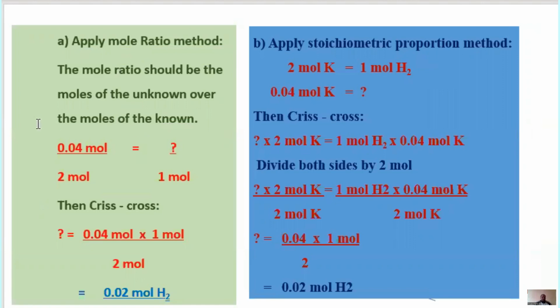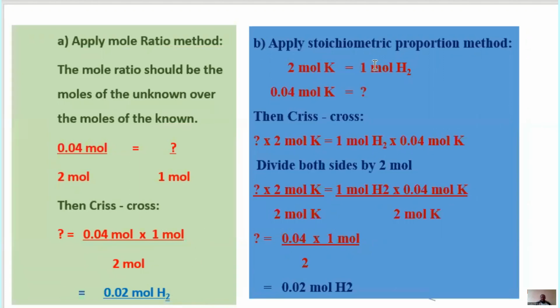The mole ratio should be the moles of the unknown over the moles of the known. 0.04 mole of potassium metal is given, over 2 mole of potassium, which equals question mark divided by 1 mole of hydrogen gas. Then crisscross it. 0.04 mole multiplied by 1 mole divided by 2 mole. This produces 0.02 mole of hydrogen from 0.04 mole of potassium metal.